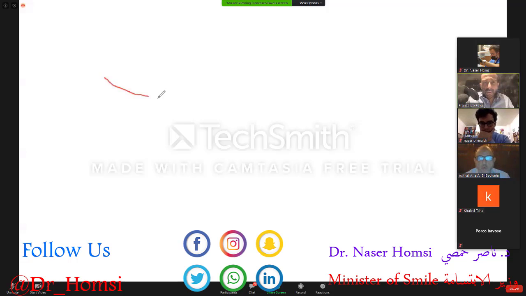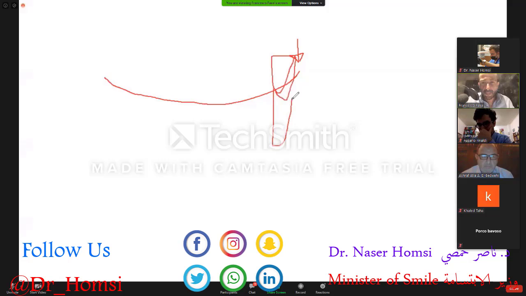Continuous arch wire tends to level the curve of Spee by intruding and flaring the incisors. We have the incisor region, and here we have the posterior region.